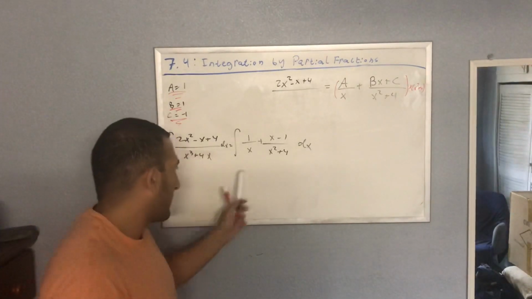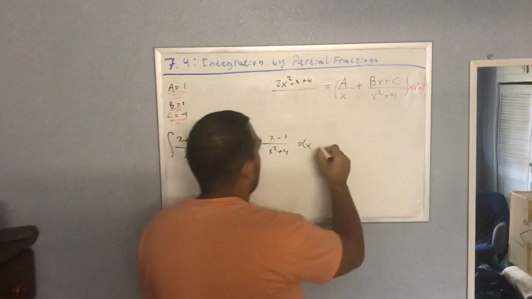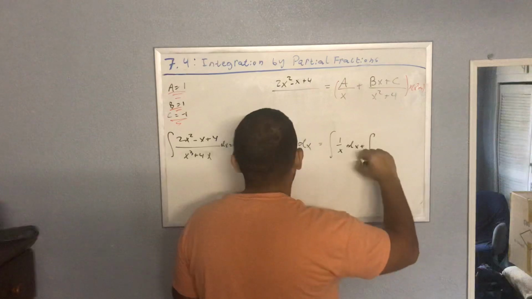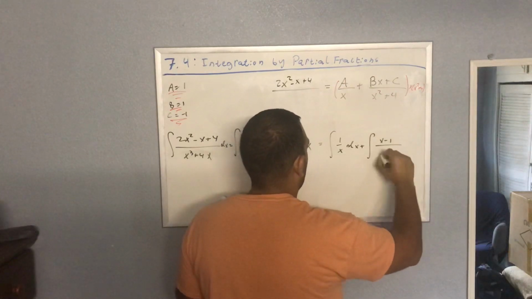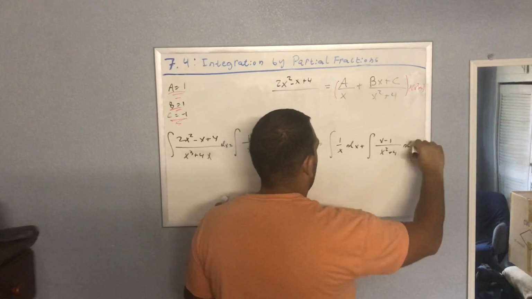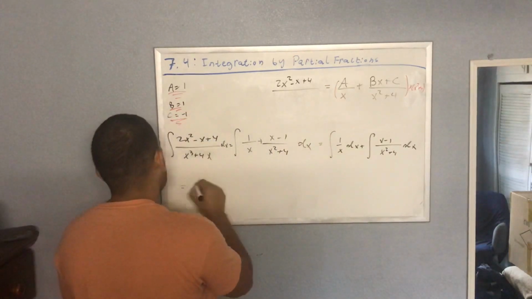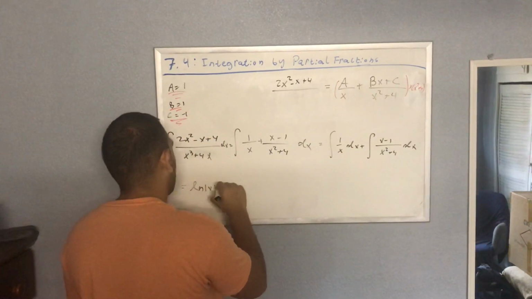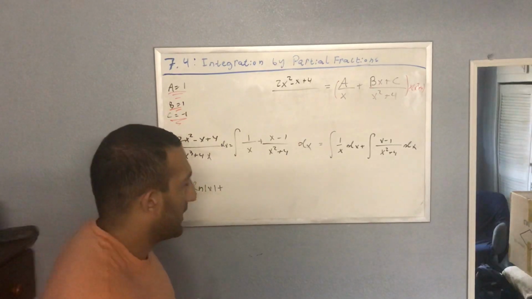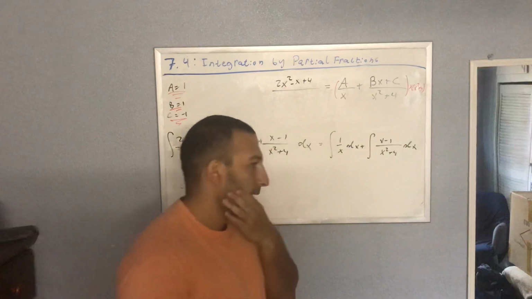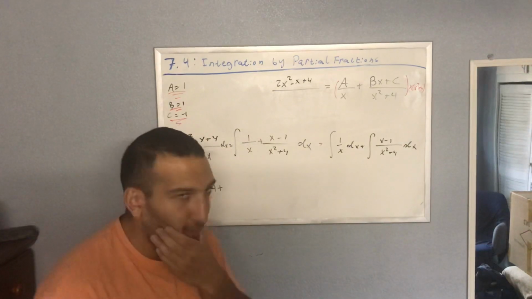Okay, so now if we break this up into 2 pieces, this one we know how to do. It's just the ln of the absolute value of x. Now this one may require a little bit of thought.